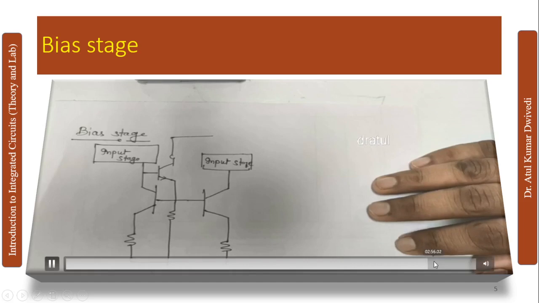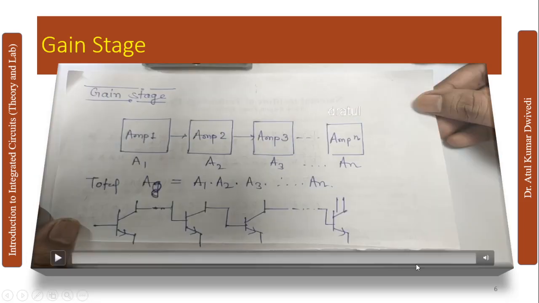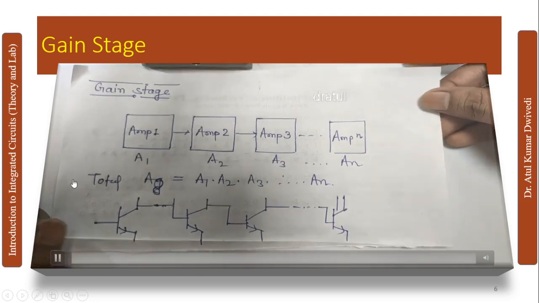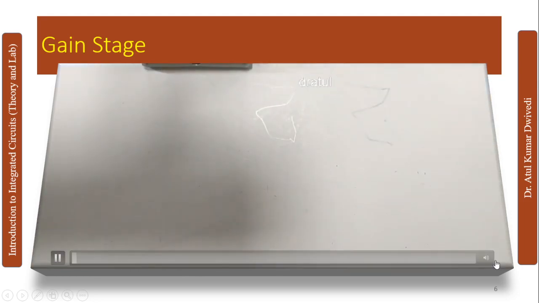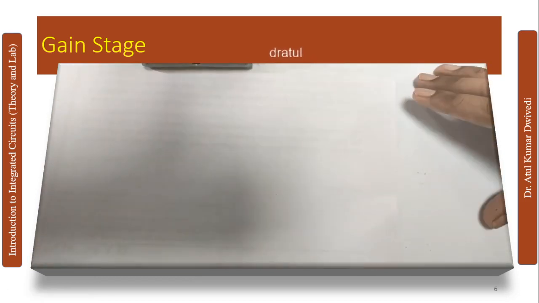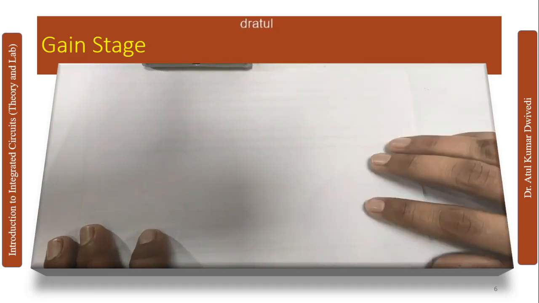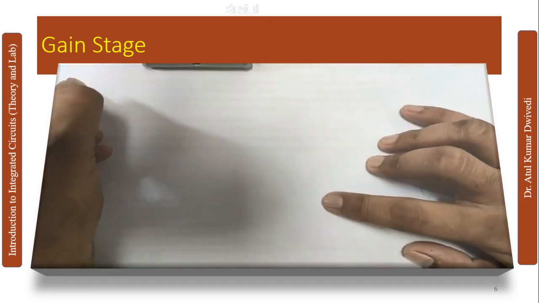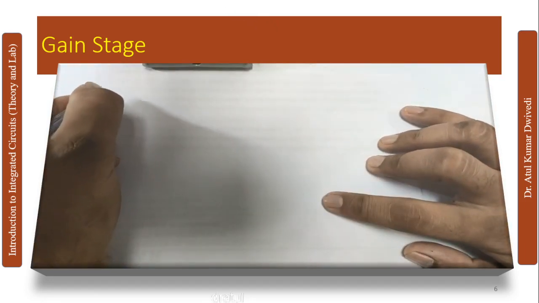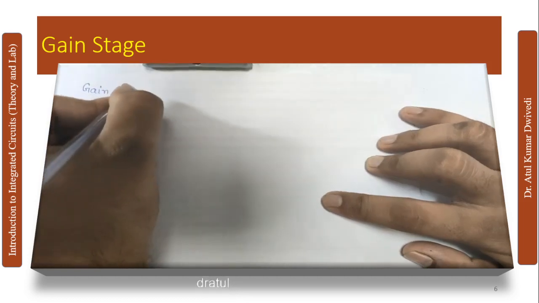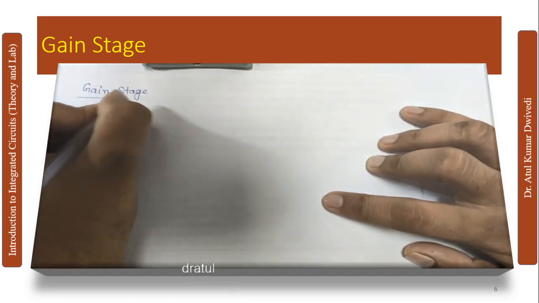In the gain stage, there are many common emitter amplifiers connected. Every amplifier provides a gain, and if they are cascaded, in the cascaded state the gain is multiplied.